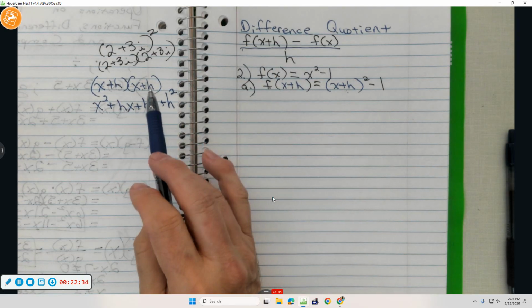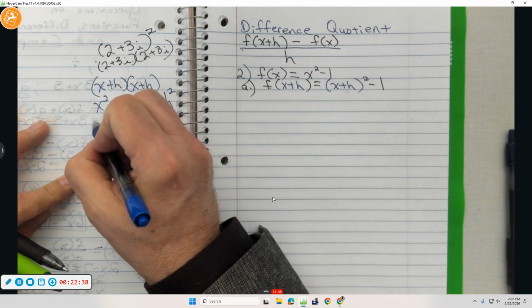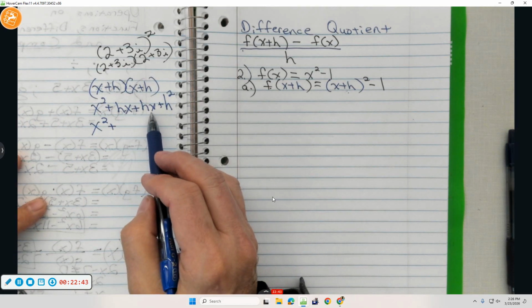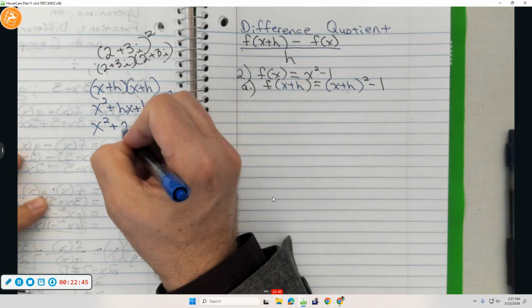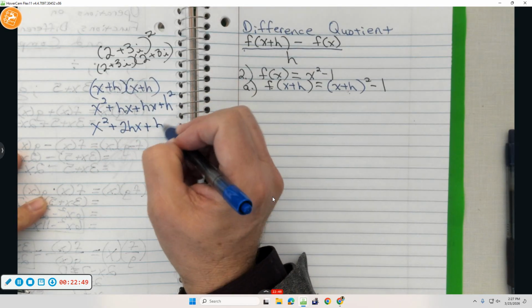So x plus h times x plus h reduces to x squared plus 1hx plus 1hx, that's 2hx's, plus our h squared.